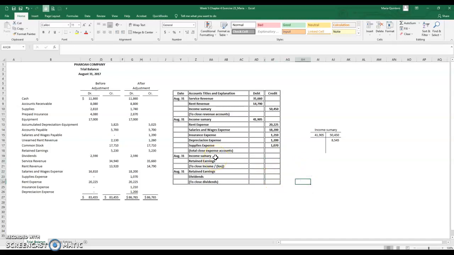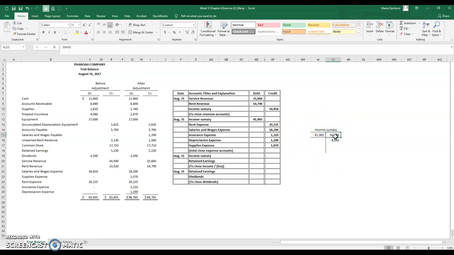To know that, first we will create the income summary for the amount of the revenue.